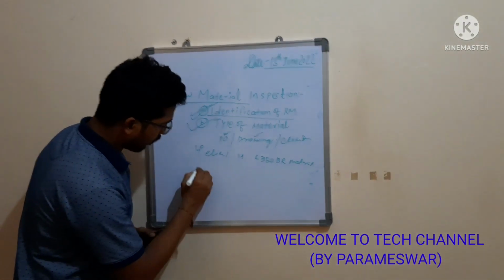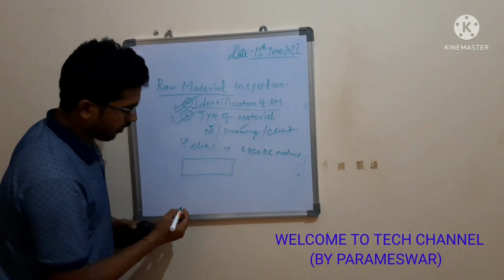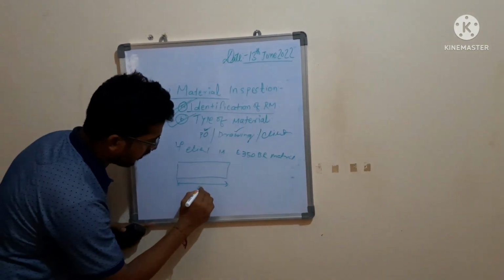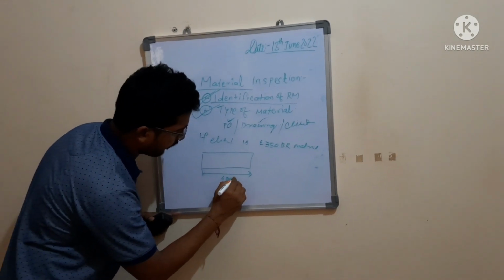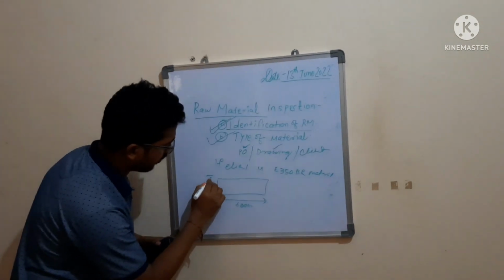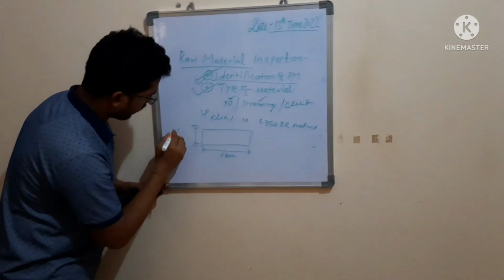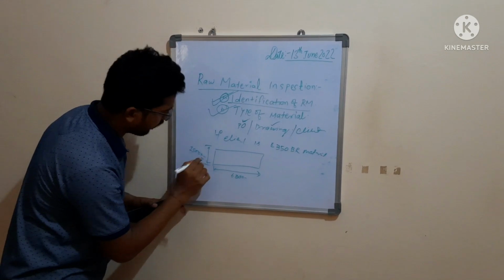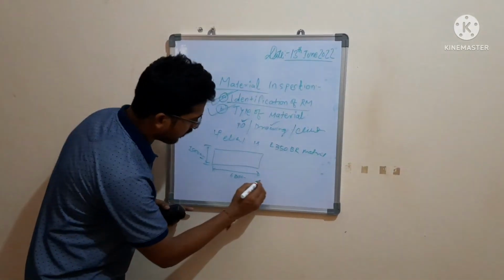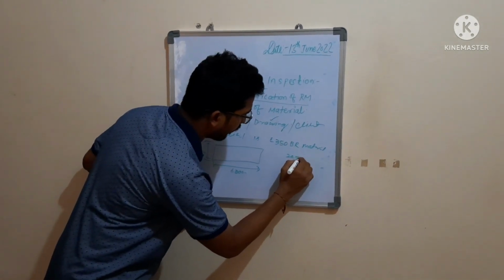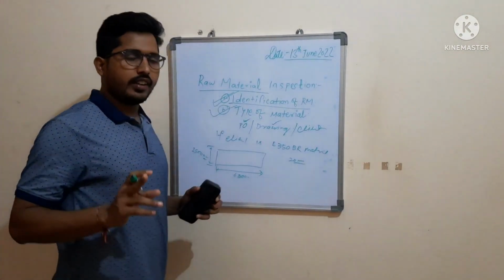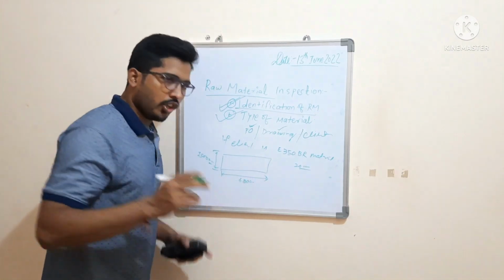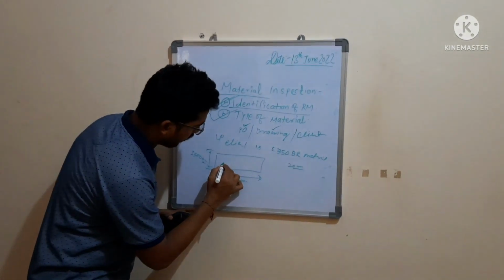If there is a plate, the plate length is 6 meter and width is 1500 mm and thickness is 20 mm, and you need E350 BR grade plate, that is also stenciled on the plate.